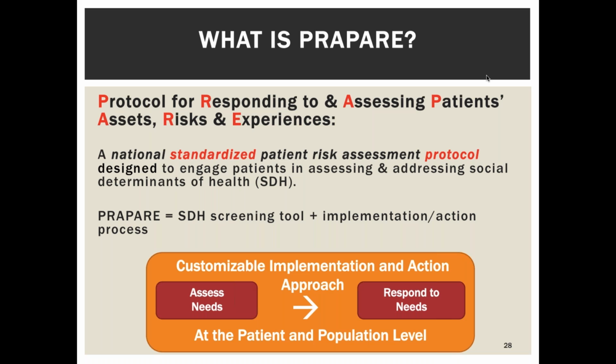And if not, what other services do we need to bring to the table or to connect the patient to in the larger community so that we could improve their health outcomes and address those social determinants of health barriers? So really two critical pieces to the PREPARE: assessing patients' needs and addressing their needs, addressing and finding ways to address those needs.